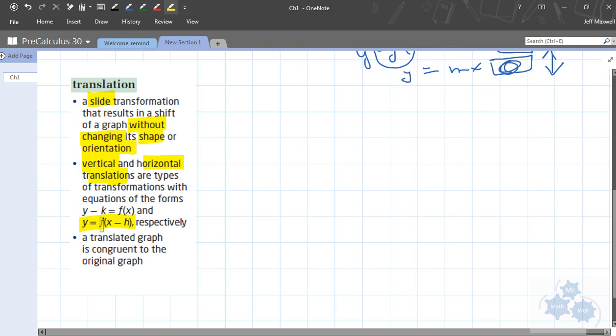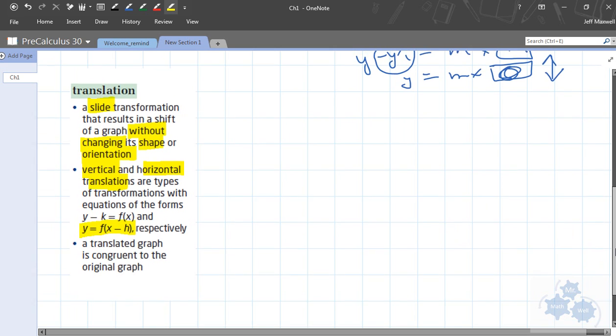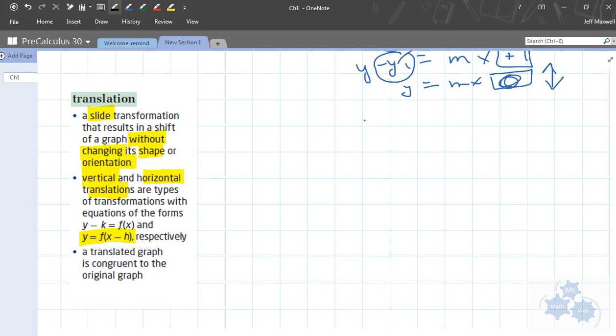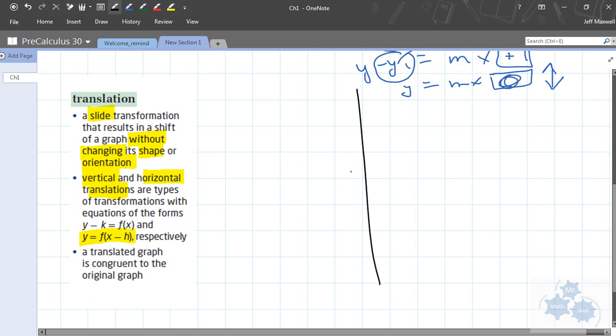We had a straight line, so I just had my m slope there. And here I had a number which moved it to the right. Because this is of the form x minus h, an x minus 1 moved it to the right 1 unit. So this is what happened. Here's the graph, and this is y equals 2x.